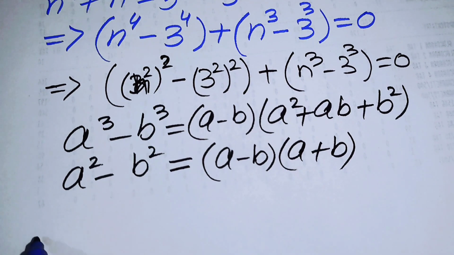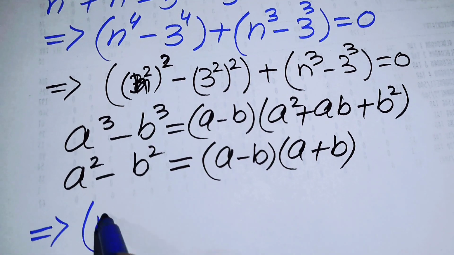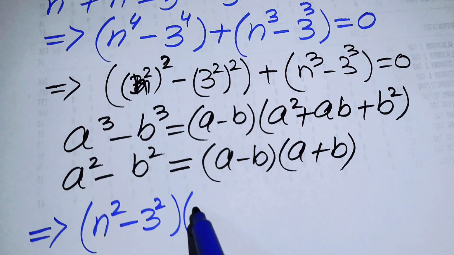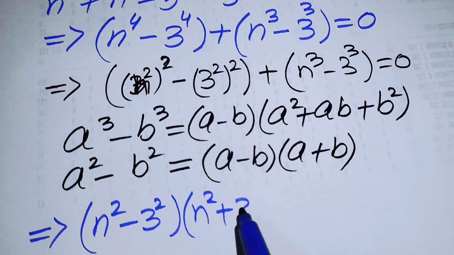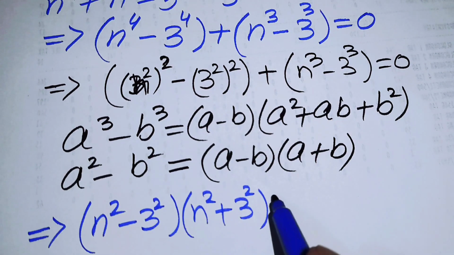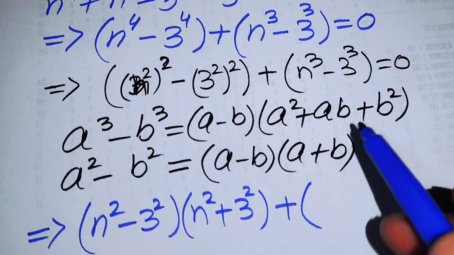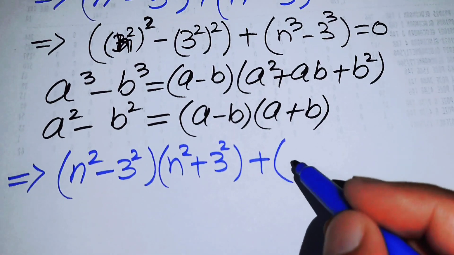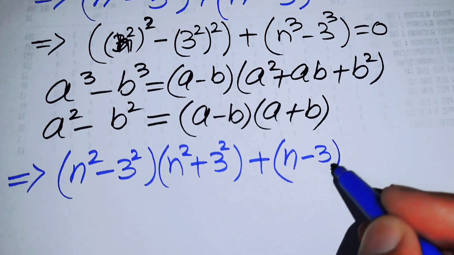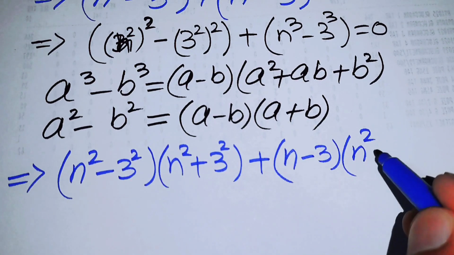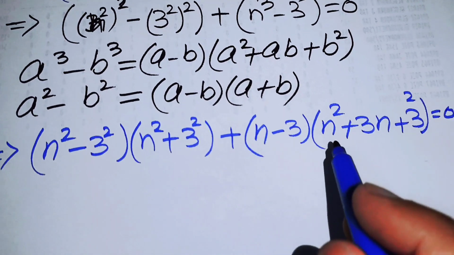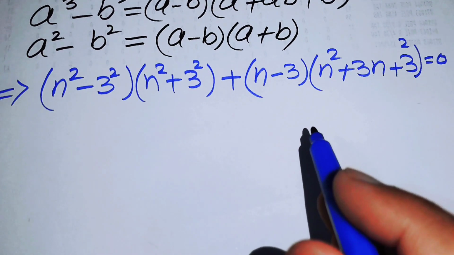So this equation will be written in the form of n squared minus 3 squared into n squared plus 3 squared, and after that plus we can use the cubic formula here. So this expression will become n minus 3 times n squared plus 3n plus 3 squared, and this whole equation is equal to 0.